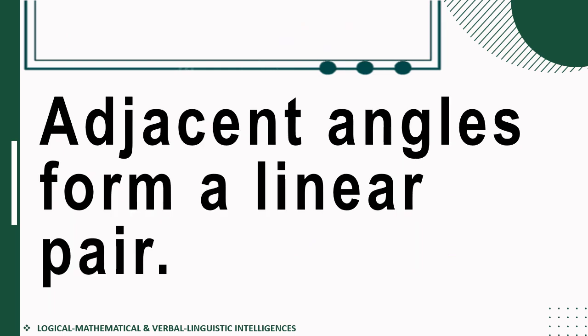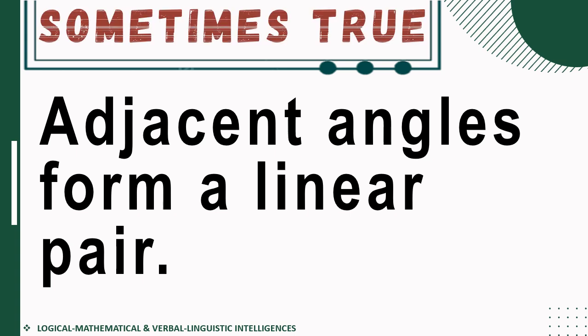Next, adjacent angles form a linear pair. So do you think if the two angles are adjacent, definitely we will be able to have a linear pair? So this is sometimes true only. For example, we have these two angles. Let's say this is 70 degrees and this is 30 degrees. So yes, they are adjacent.